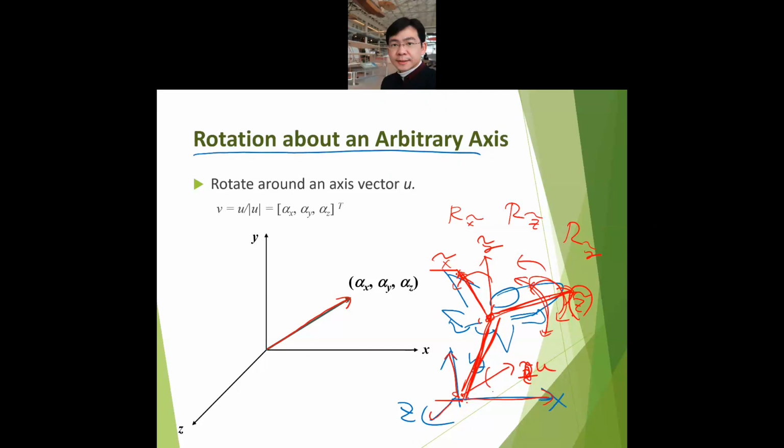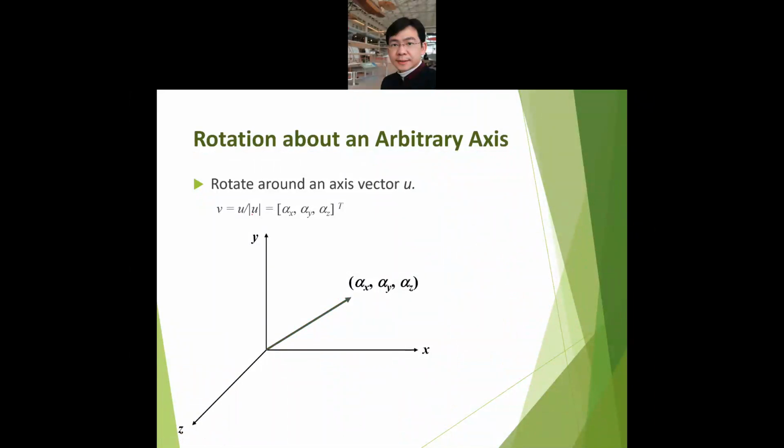We try to do the rotation around the u-axis. So how can we do that? Let me define the problem here. The first thing is we have an arbitrary vector u here, but we usually use the unit vector to process the axis, so we can normalize it as v here. So v's components are alpha x, alpha y, and alpha z, right? So this is an arbitrary axis.